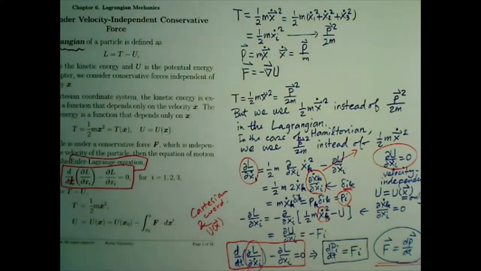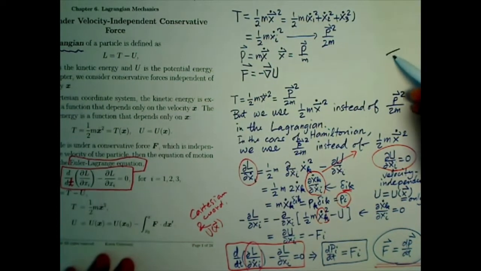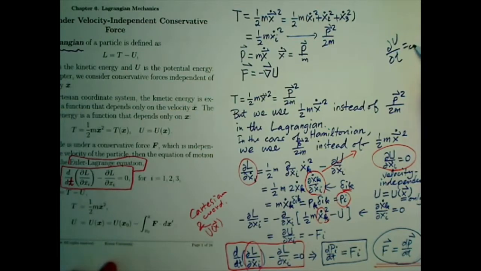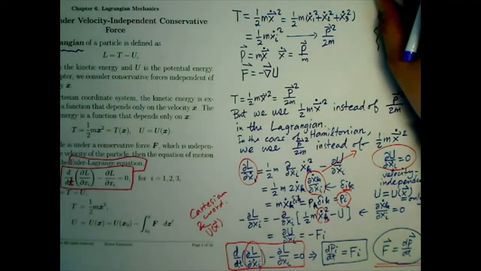That means the potential is a function of x only. It does not have any explicit time dependence. So, for example, the potential's partial time derivative is 0, and the partial derivatives with respect to xi dot are all 0. That is a velocity-independent potential.